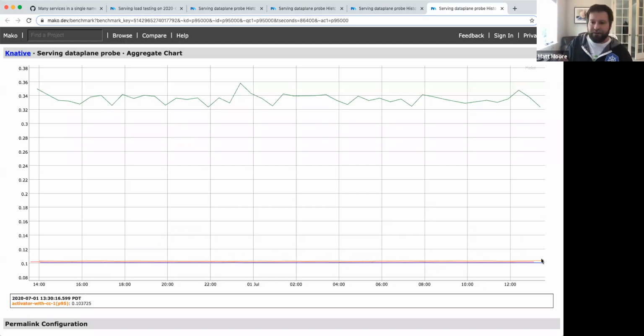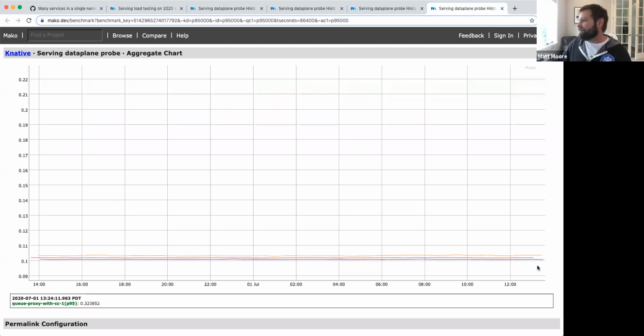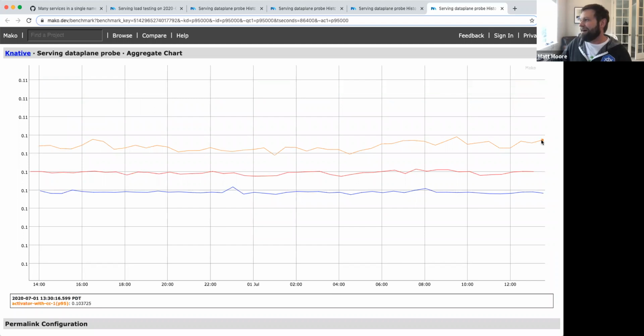There's a member of our community from Google, Victor, who spent a whole bunch of time building really sophisticated concurrency-aware load balancing into our activator component. So when requests are flowing through that, even at container concurrency 1, you end up with this really tight bound of, what is this, 3.7 milliseconds of overhead because it's doing virtually ideal load balancing.